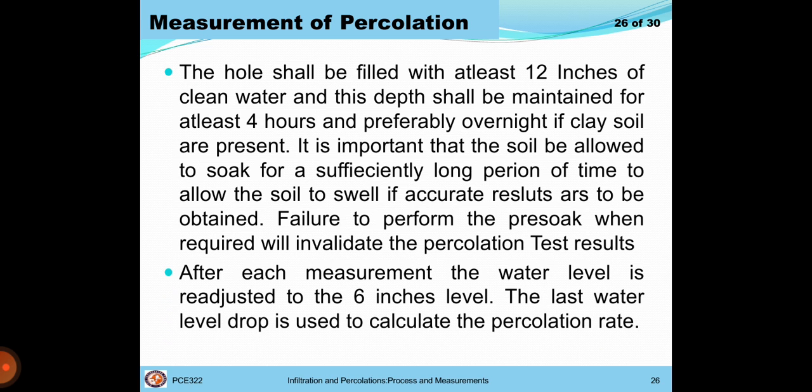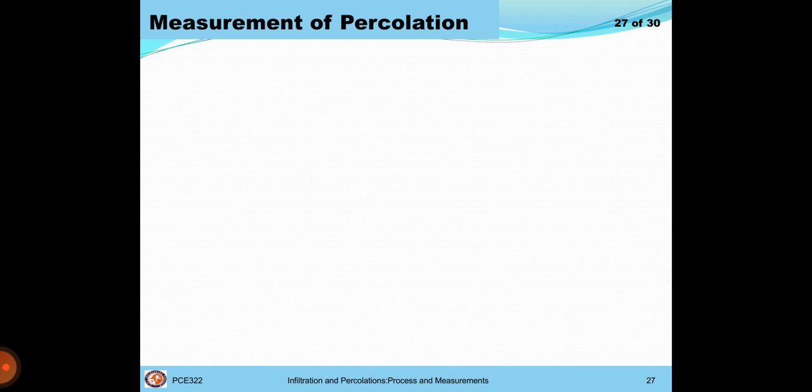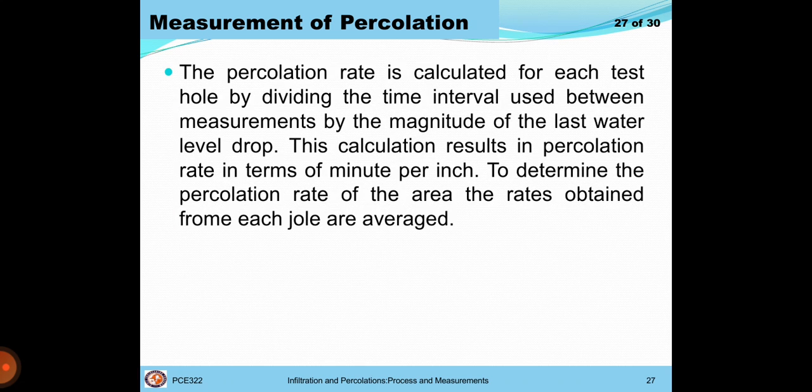Then after each measurement, the water level is readjusted to the 6 inches level. The last water level drop is used to calculate the percolation rate. Percolation rate is calculated for each test hole by dividing the time interval used between measurements by the magnitude of the last water level drop.